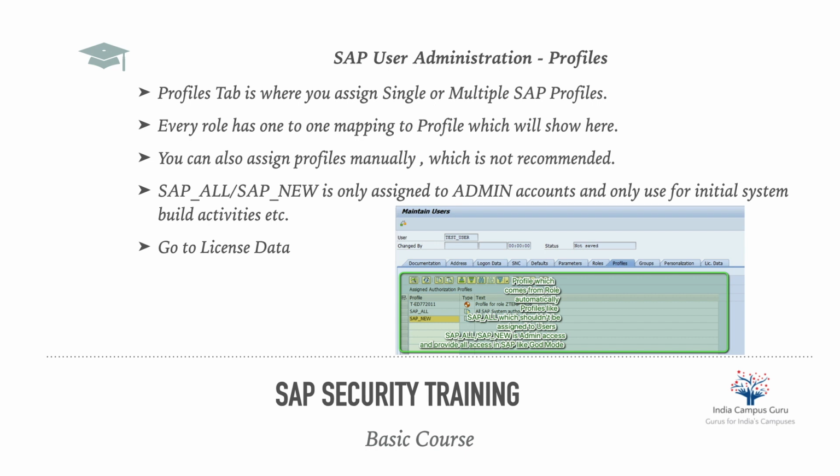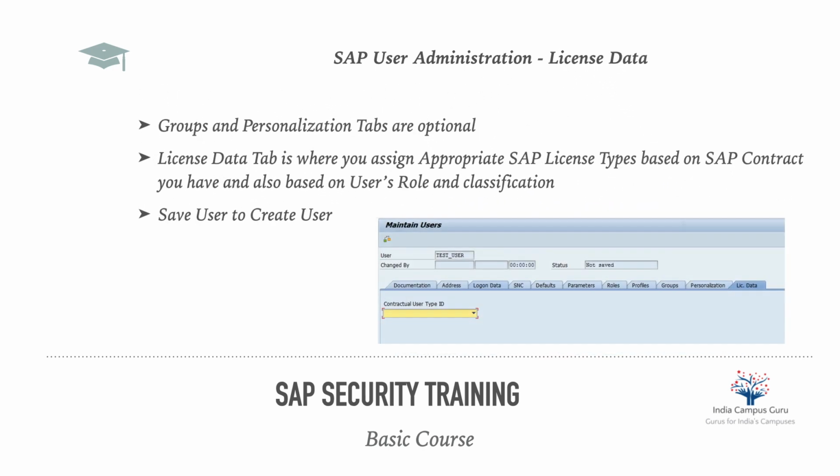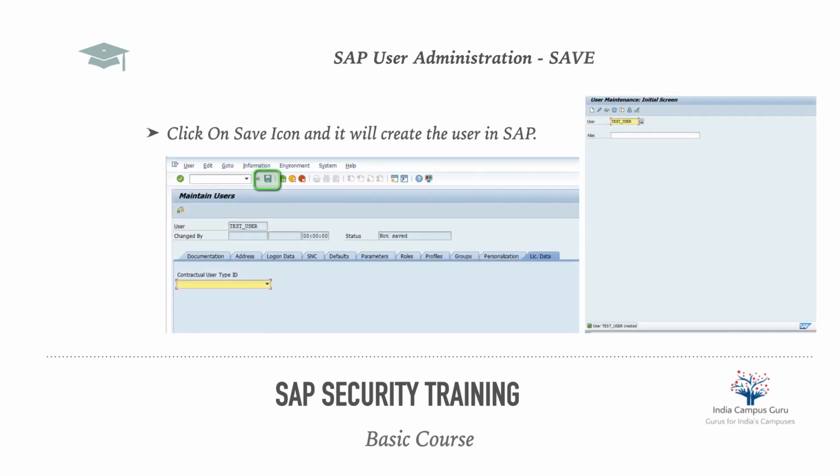Once you have done that, you will complete SU01. The next screen talks about how you assign the license type, and once that is done, you click on the save button shown here. When you click save, it will create the user ID.